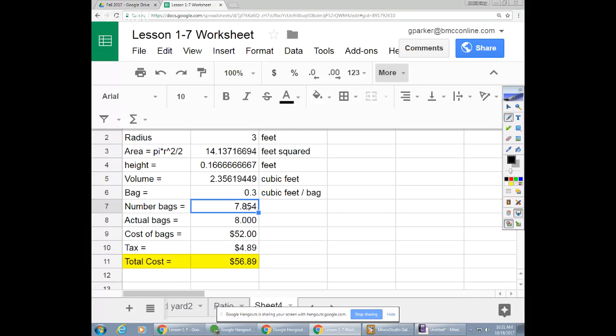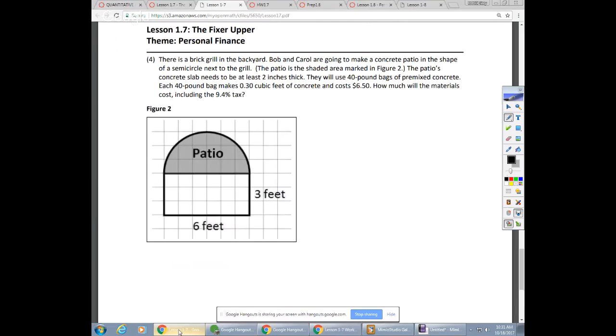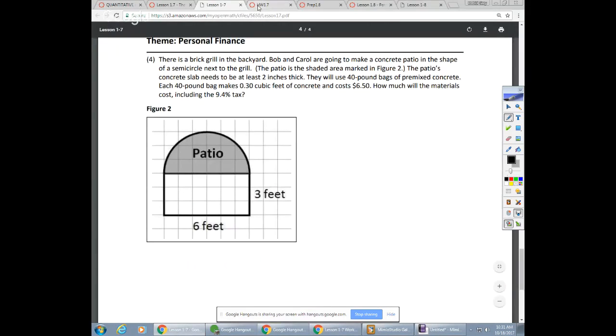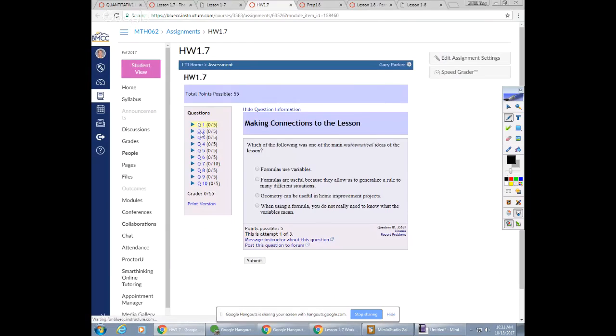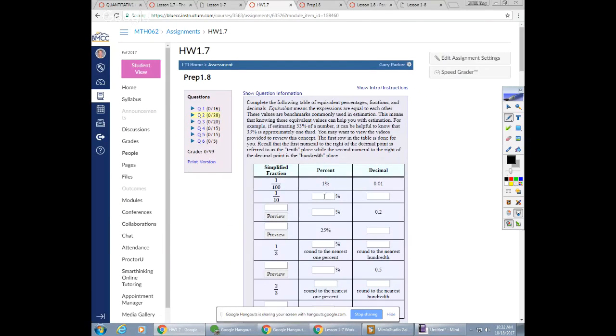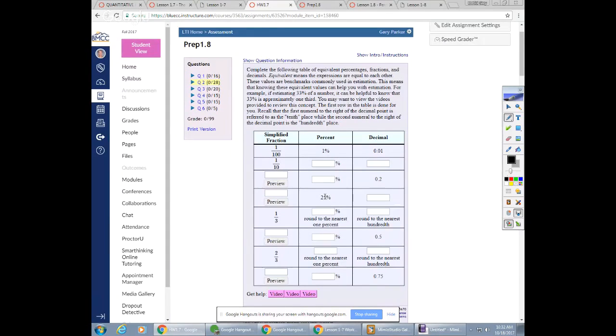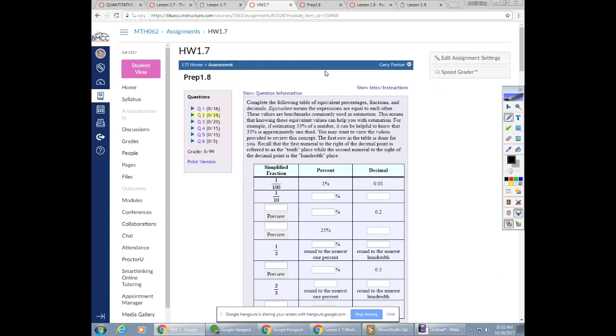All right, we're going to jump into that 1-8 prep in just a moment. Before I do that, I'm just going to take a peek at the 1-7 homework, which is right here. Oh, that's the 1-8 prep. I can't load two things at once, I forgot about that in this system.